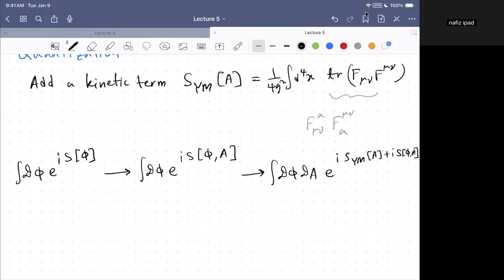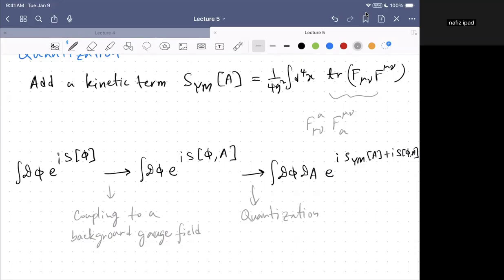Okay, I'm running out of space. So this step is simply called, well, it can be called many things, but you can also call it coupling to a background gauge field. And this step is the quantization.